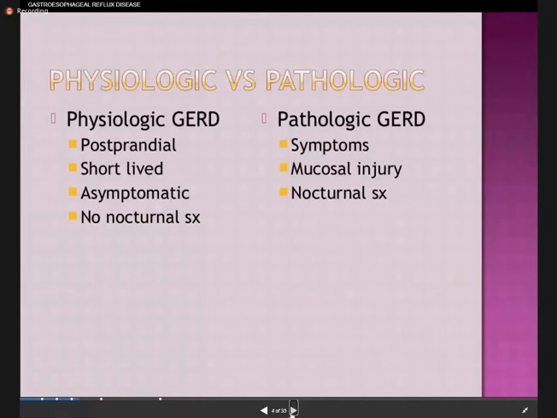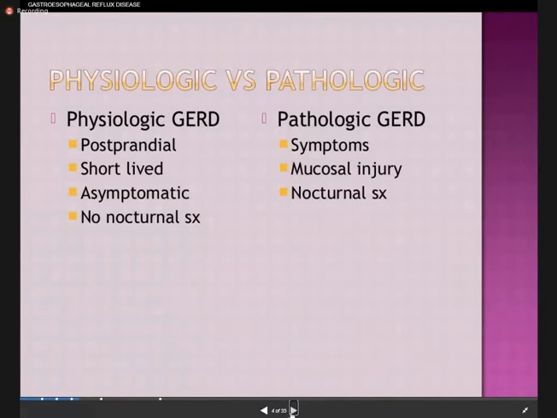Physiological GERD, which we see postprandially in young males who are in the habit of eating outside, large volumes of food along with fizzy drinks, they must be aware of this phenomenon. But it is usually short-lived. Overnight it is there and then it is gone. It is usually asymptomatic, or at most a bit of uneasiness or chest burning, but there are no nocturnal symptoms.